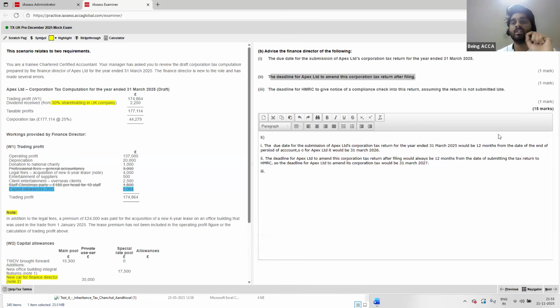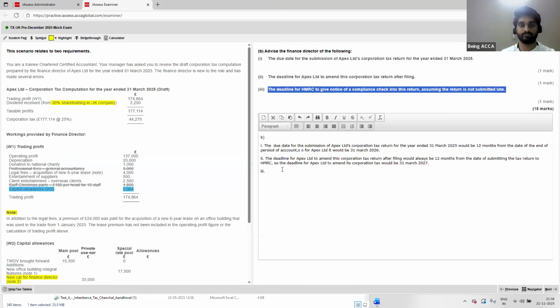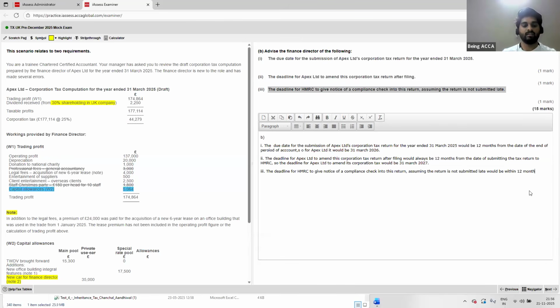So it would be within 12 months from the delivery date of the tax return to HMRC. All right, writing these 3 points will give you your 3 marks.